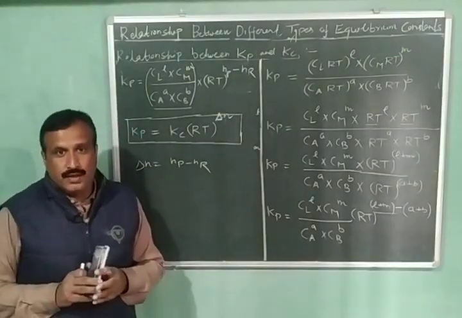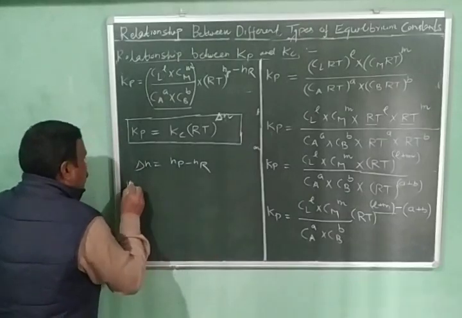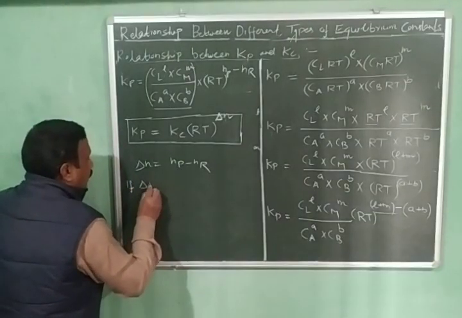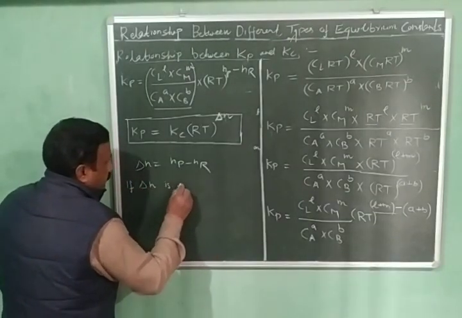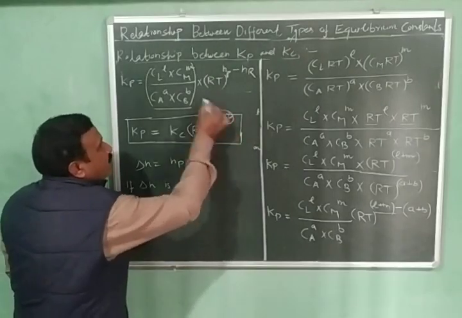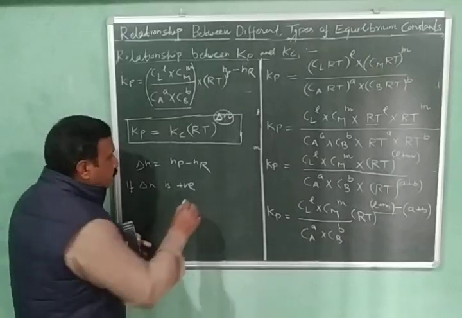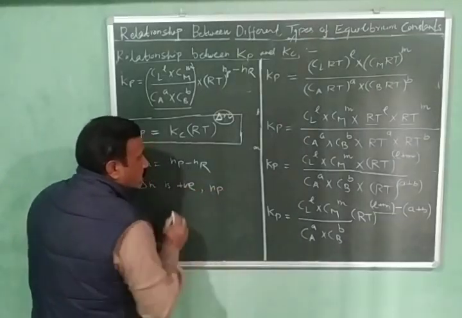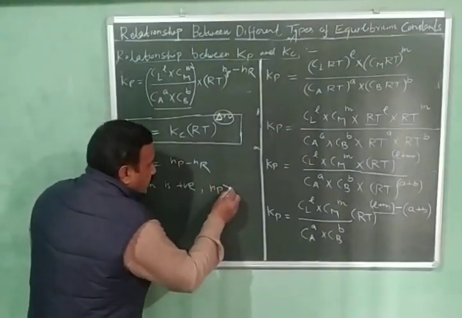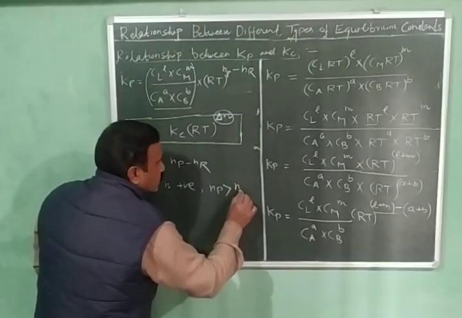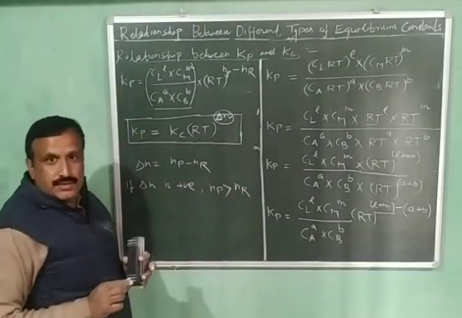And if this delta n is positive, and it will be positive when total number of moles of products are greater than total number of moles of reactants.